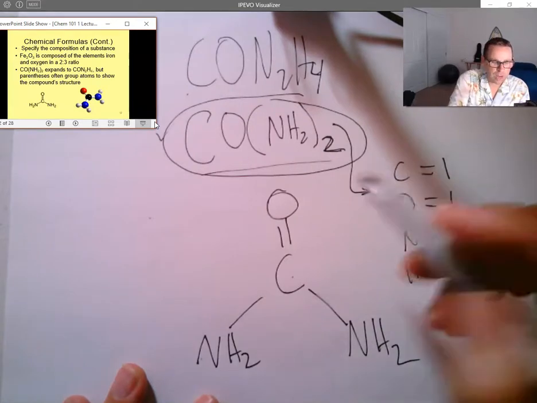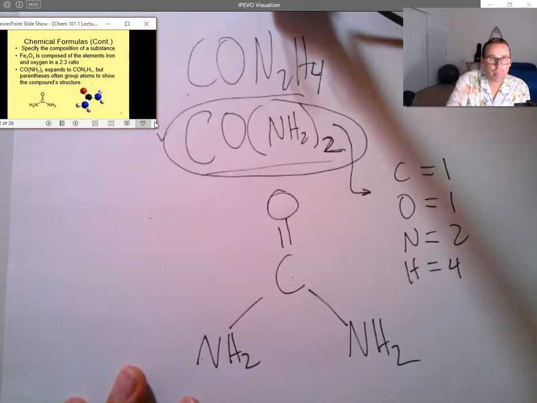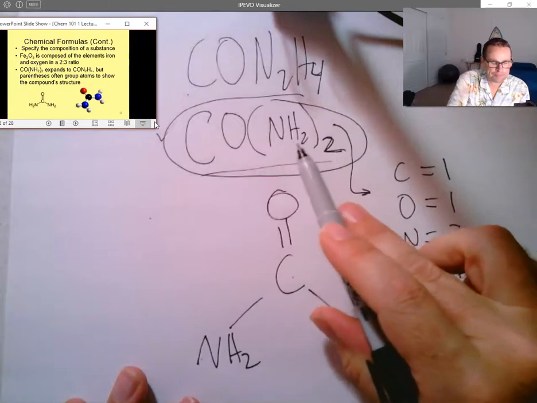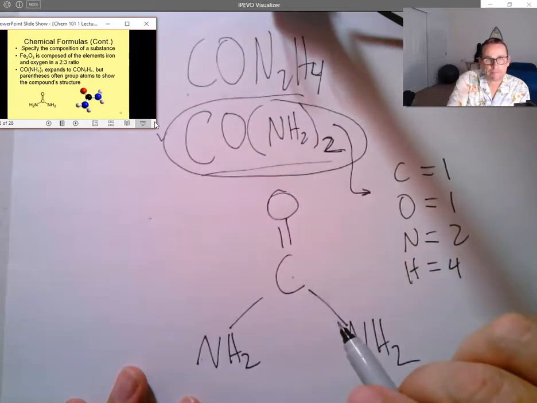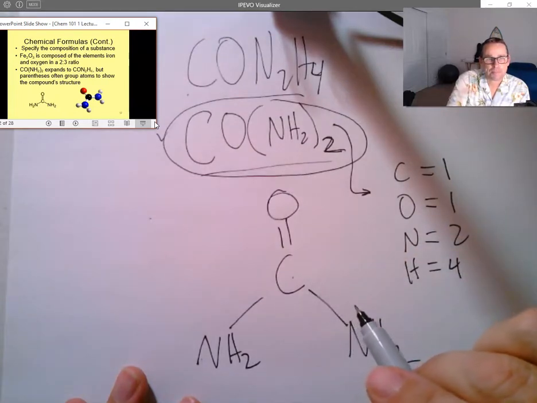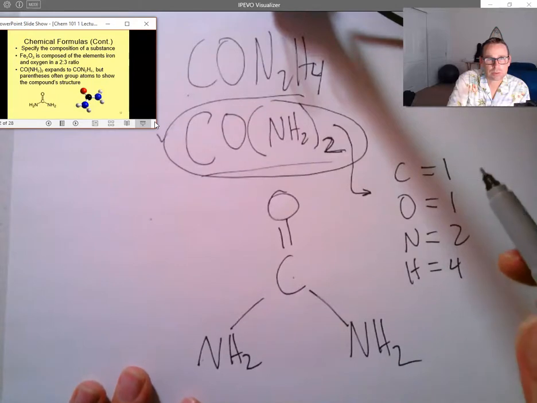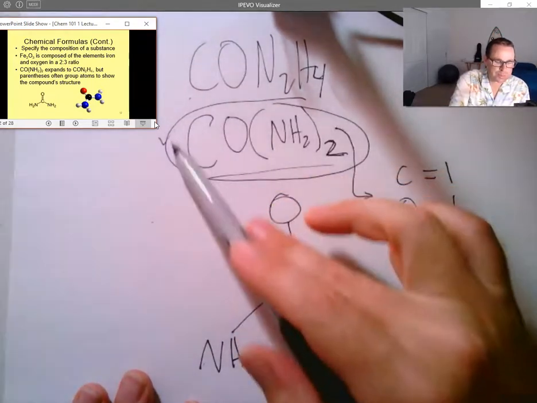Very good. That's kind of tricky, huh? Yeah, it is a little bit, right? Because with NH2, we're talking about the 2 on the hydrogen. That's 2 atoms, right? Yep. But then I also heard you say a little while ago that you can also say there's 2 molecules of this material.